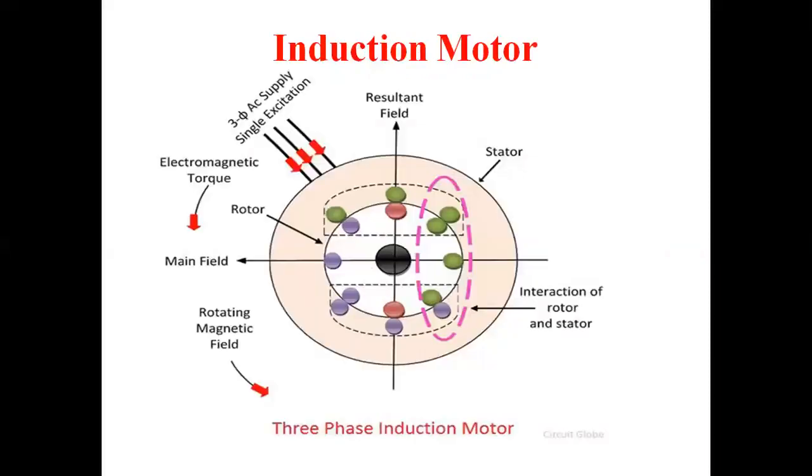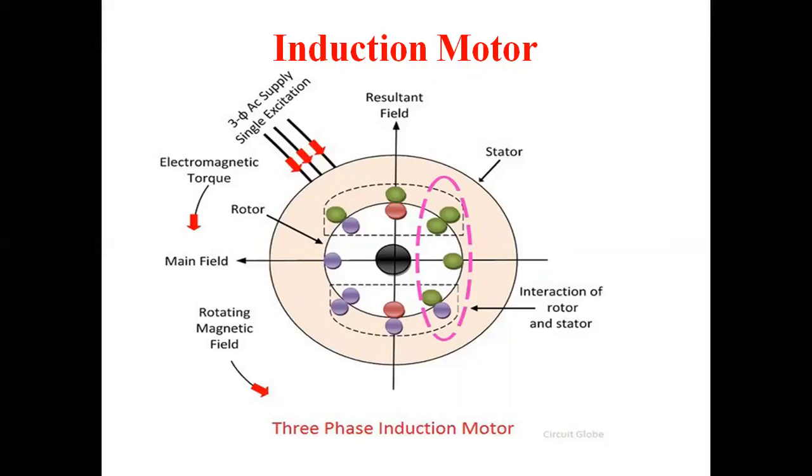Next one is the induction motor. The principle of induction motor: the motor works on the principle of Faraday's law of electromagnetic induction. When three-phase supply is given to the stator of a three-phase induction motor, a rotating magnetic field is developed, and the rotor conductors are stationary.